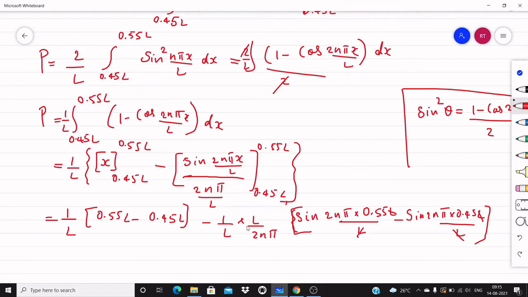Here also L will be common and it will get cancelled. So what is remaining is 0.55 minus 0.45 and also the sine values.